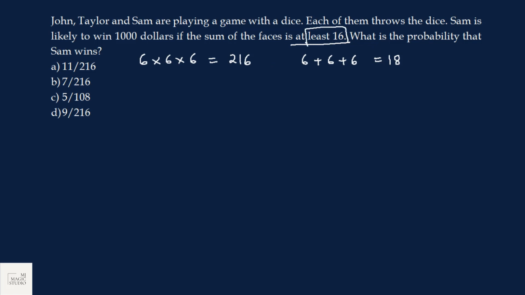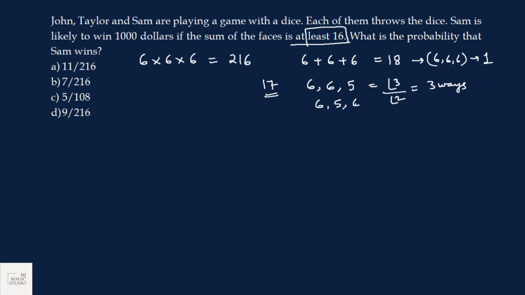That means it is either 16, 17 or 18. For 18, we will have only one case, that is 666. Let's run for 17. 17 is possible only if it is 665. And that can be arranged in factorial 3 by factorial 2, that is 3 ways. That is 665, 656 or 566.